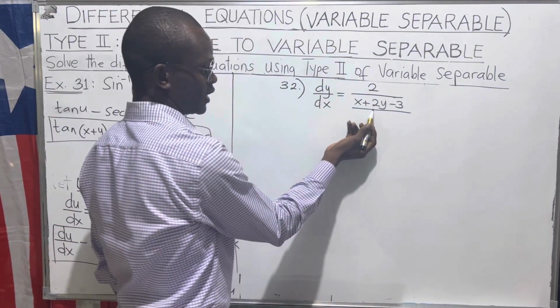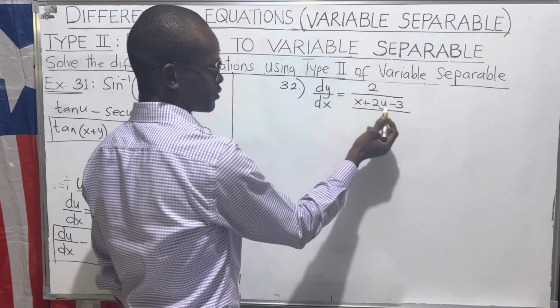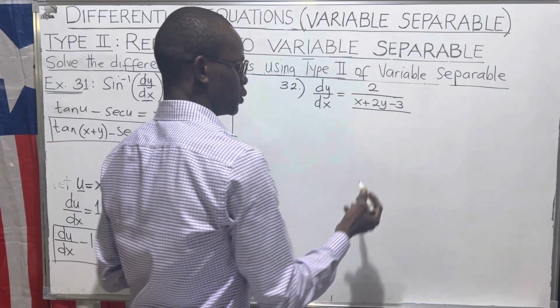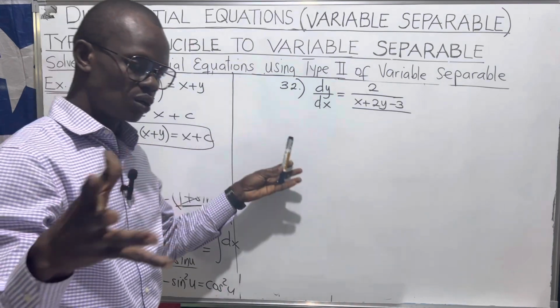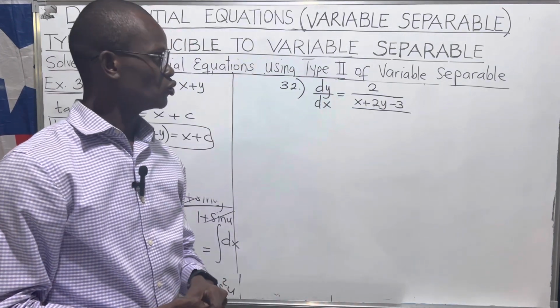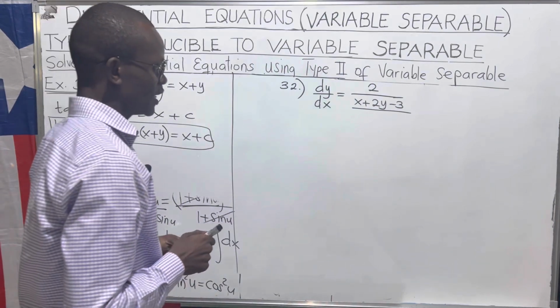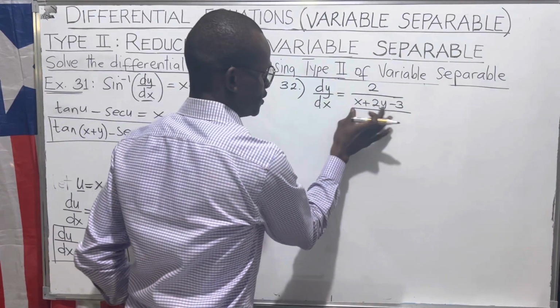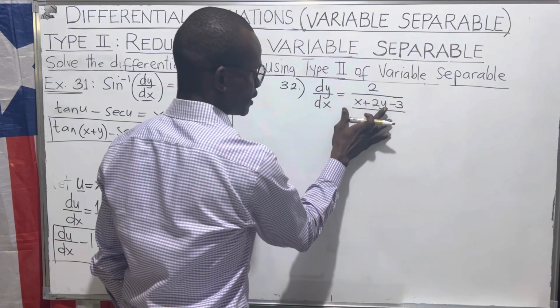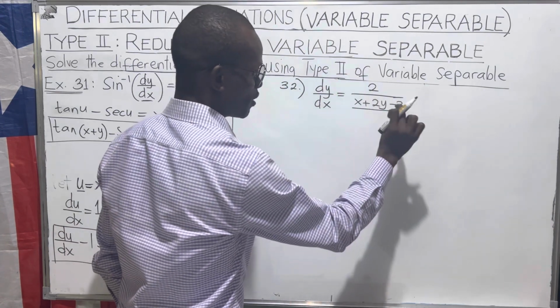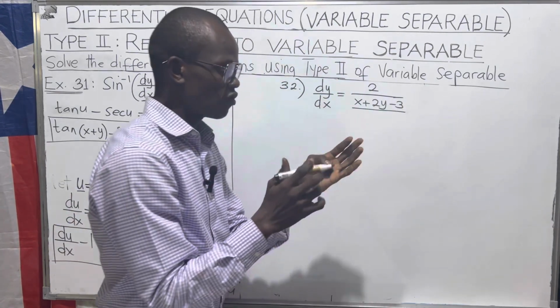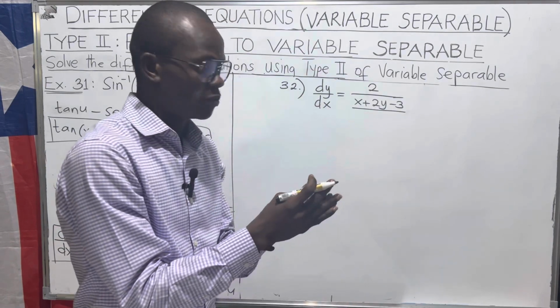If we cross multiply dy times x, dy times 2y, dy times 3, you're going to have a kind of long expression that you may not be able to separate the variables so easily. So we want to substitute this entire expression, since it is not in terms of one variable, or not in a form where we can do factoring by grouping.